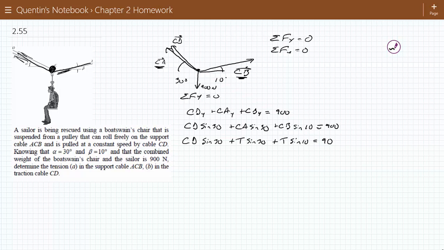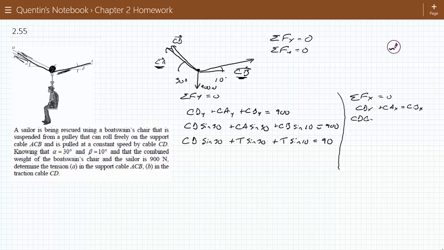Now we have two unknowns in one equation. So let's get our other equation. Sum of the forces in x is equal to 0. So what do we know about x? Well, the CD in the x plus the CA in the x direction is equal to the CB in the x direction, right? The lefts are equal to the rights. So therefore, CD in the x direction is what?